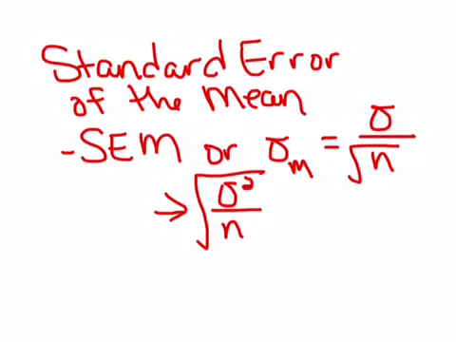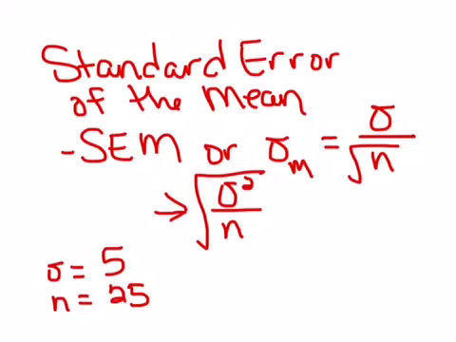So let's say we have a population with a standard deviation of 5, okay? And we're going to take a sample of 25 people.